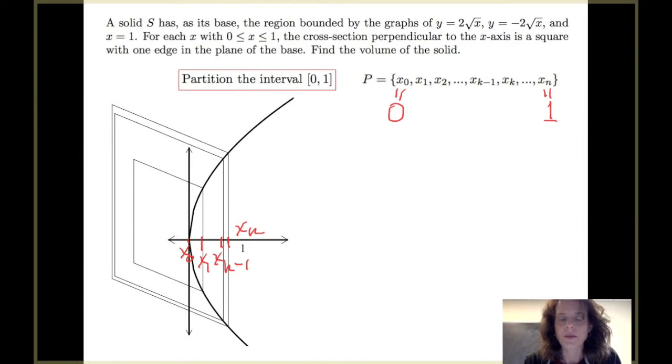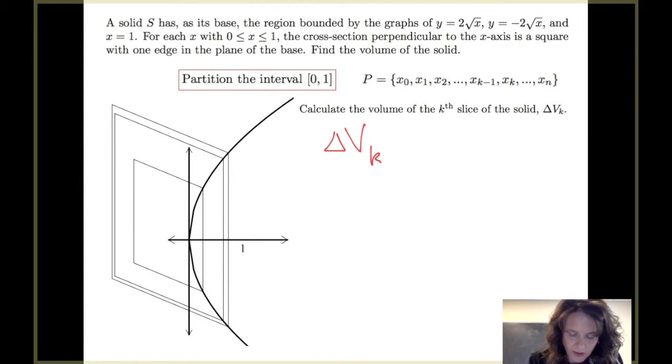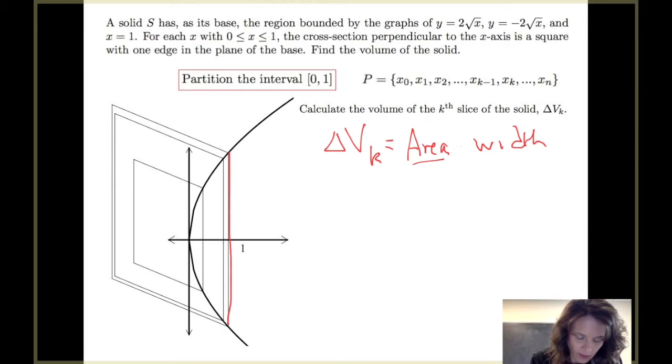So then, just as we did before, we're going to find the volume of the kth slice. Delta V sub k is the area of the base times the width of the slice. Okay, well, what's our area? In this case, we're working with a square base. Okay, we know how to find the area of a square, so we simply need to find the length of one edge of the square.